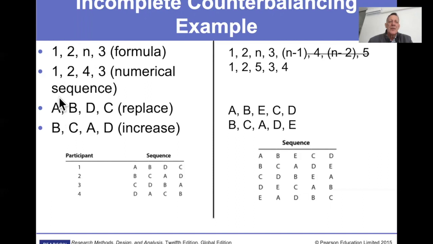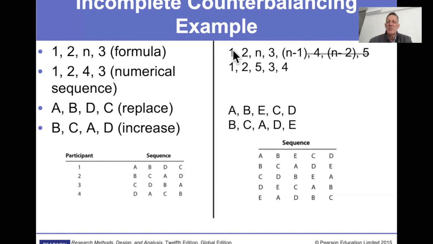And if you replace that with your A's, B's, and C's, it's A, B, D, C. And then you increase each one. A becomes a B, B becomes a C, D falls back to A again, and C becomes D. And you carry on like that for all the participants, and you get a sequence like that.